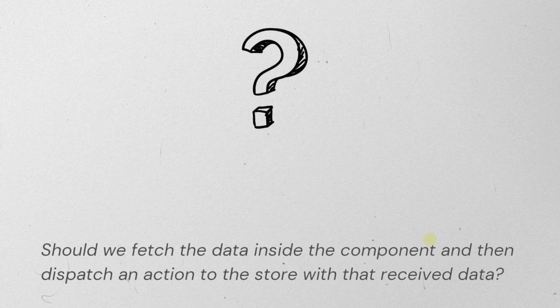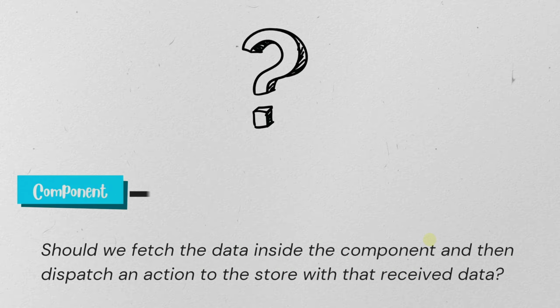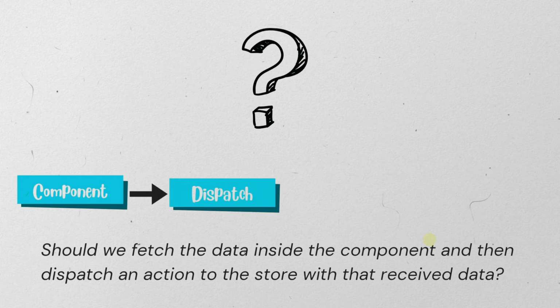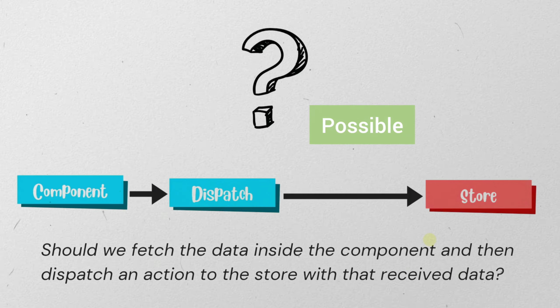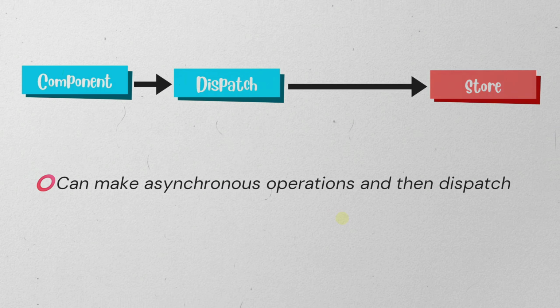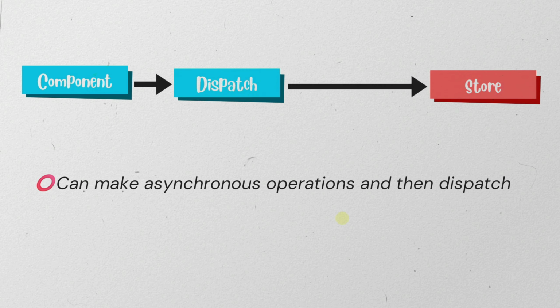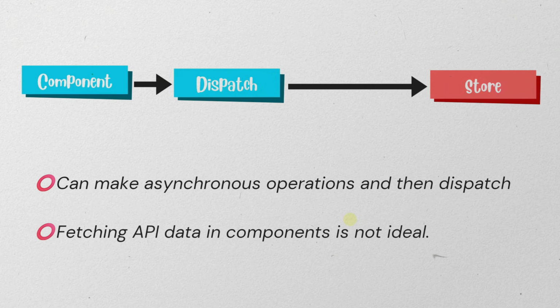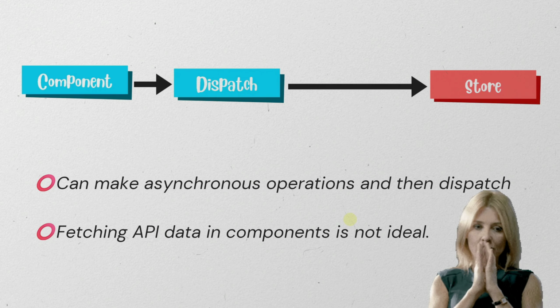So now the question is, should we fetch the data inside the component and then dispatch an action to the store with the data we have received from our component? Yes, this is definitely possible. We can write asynchronous logic inside the component and then dispatch the action. But fetching the API data inside the component is not an ideal solution.